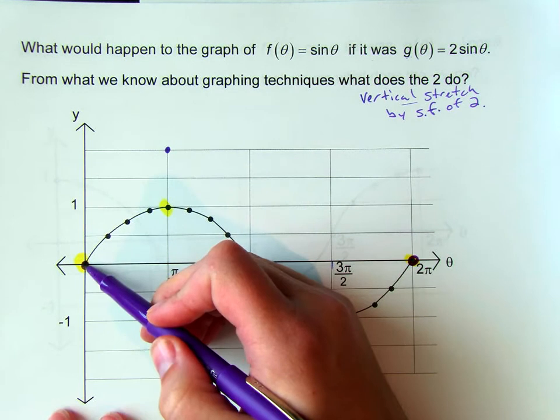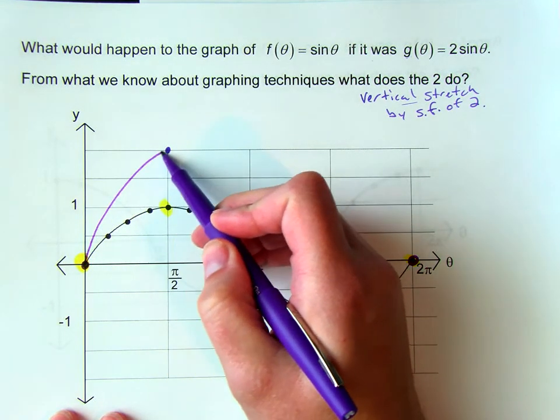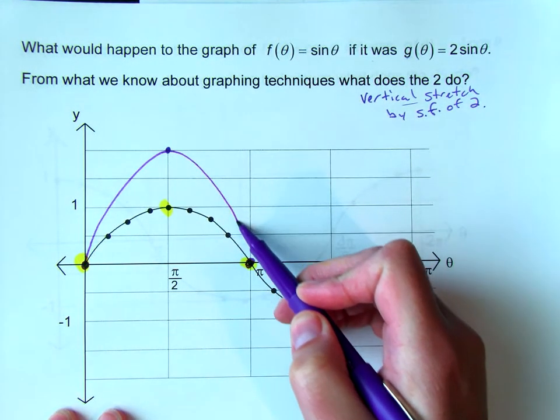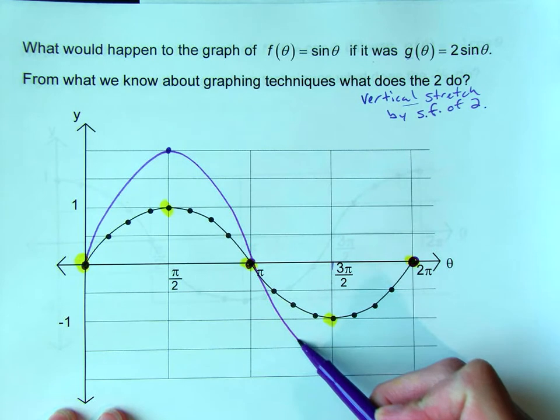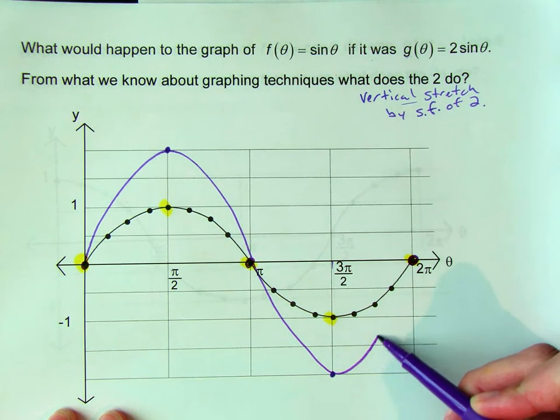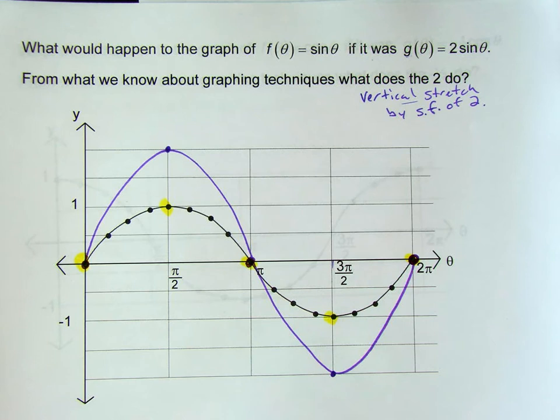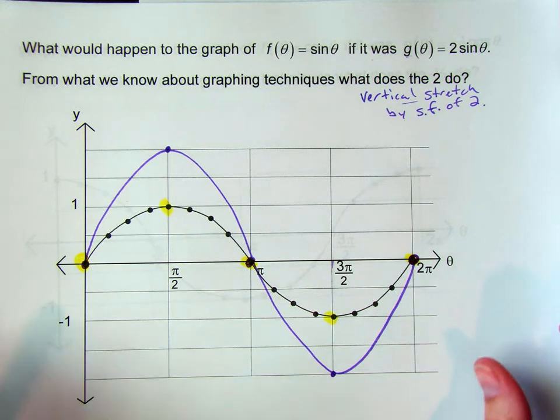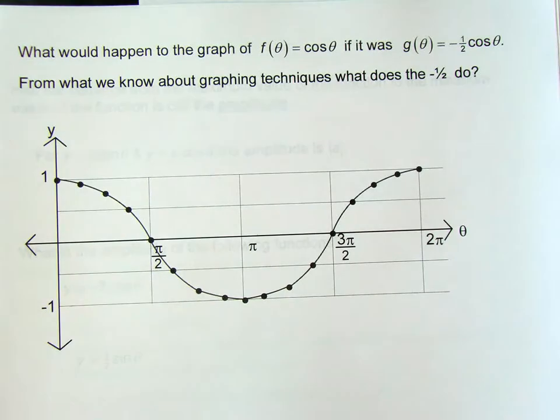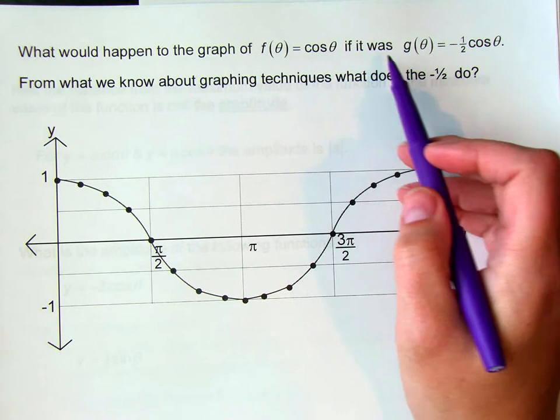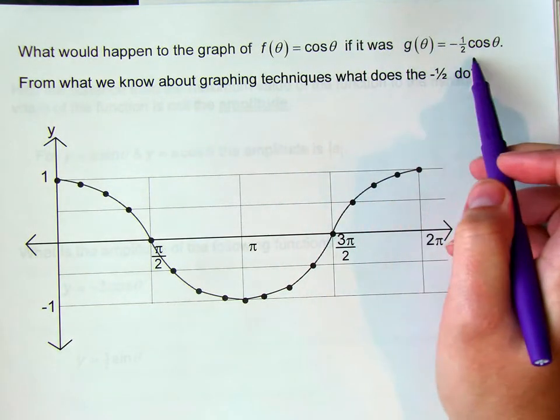So now, the graph of this function g of theta is that. Notice we've stretched the graph vertically by a scale factor of 2.